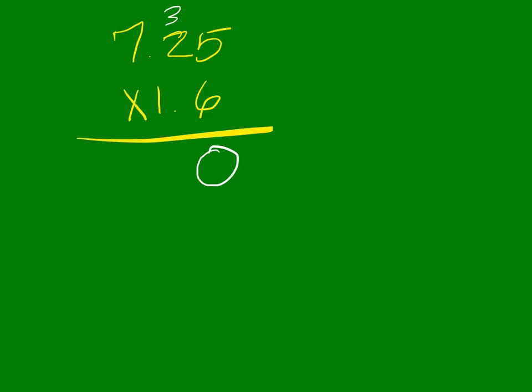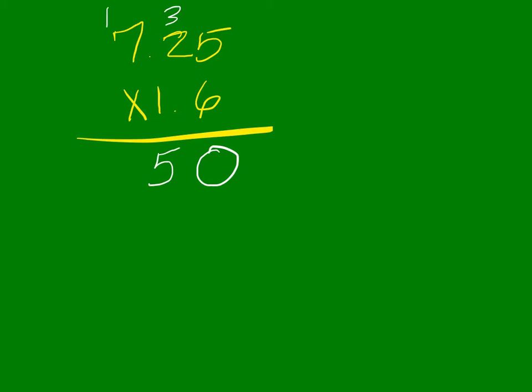Over the 2. Alright, what do I do next? 6 times 2, which is 12, and then what? Plus 3 is what? 15, and what do I write? Yeah, 5 at the bottom and a 1 over the 7.